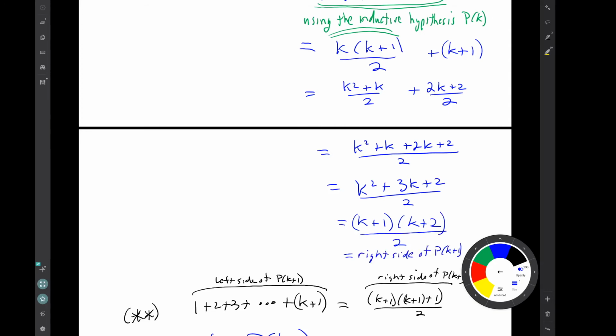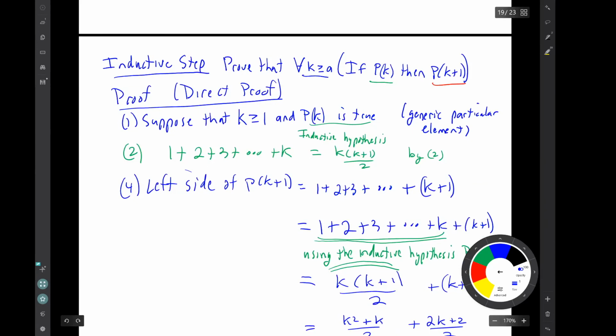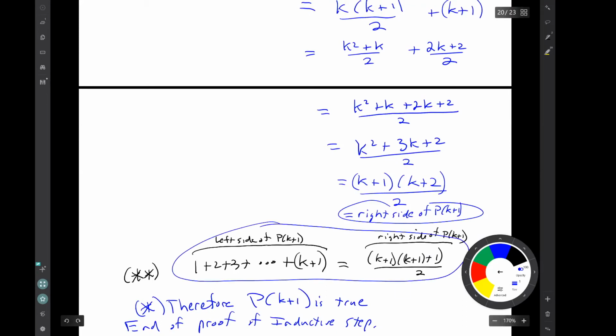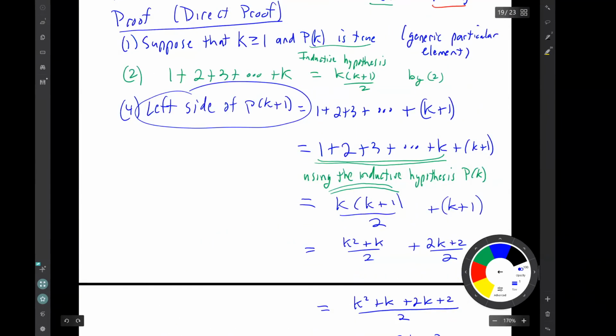So let's recap. We started by writing down the left side of P(k+1), and we ended up showing that it's equal to the right side of P(k+1). So in other words, we showed that this equation is true. And we were only able to do that because in the middle we used this inductive hypothesis, P(k). Now notice we never did prove that P(k) is true.